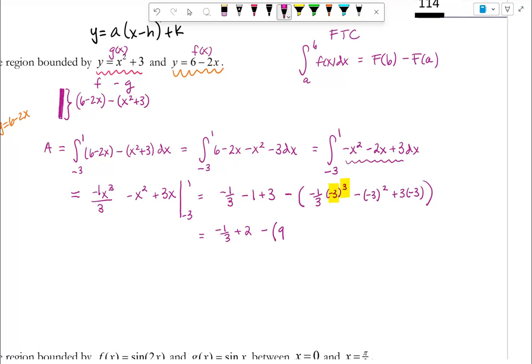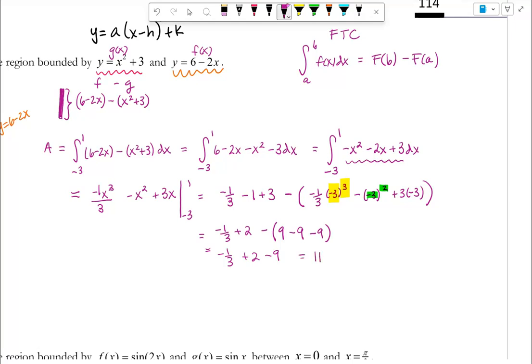All right, then right here I have -3 squared, which is positive 9, but it's getting subtracted, so 9 minus 9, and then 3 times -3 is a -9, so plus a -9 here. All right, so we get -1/3 plus 2, 9 minus 9 is just minus 9. And that ends up being like 11.